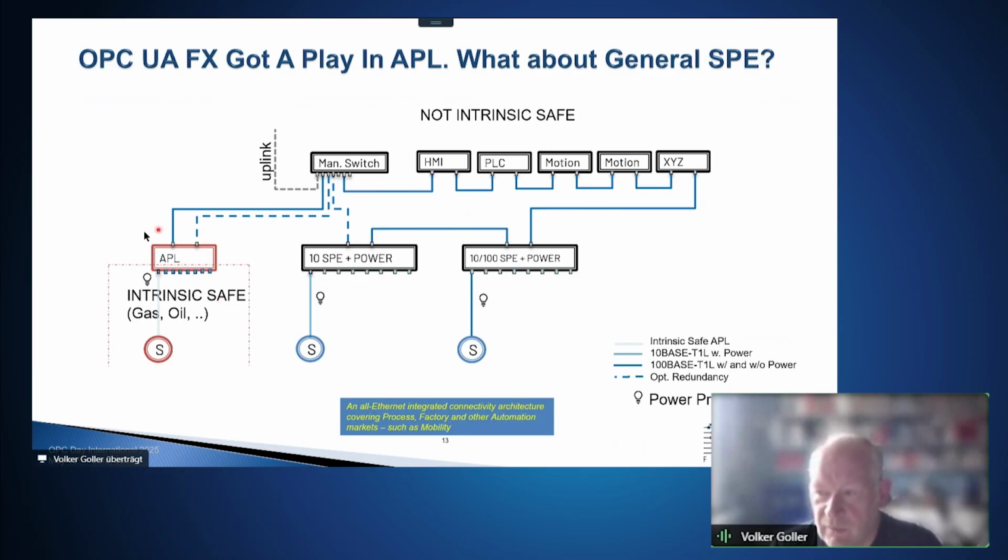So we believe APL will be very successful, specifically because the newer generation of engineers on site need more data and don't have the time for lengthy commissioning of a system. And just here, APL will absolutely shine. And the same technology, because as I said, it is Ethernet. The difference between APL and SPE at that point is only the way power is provided.